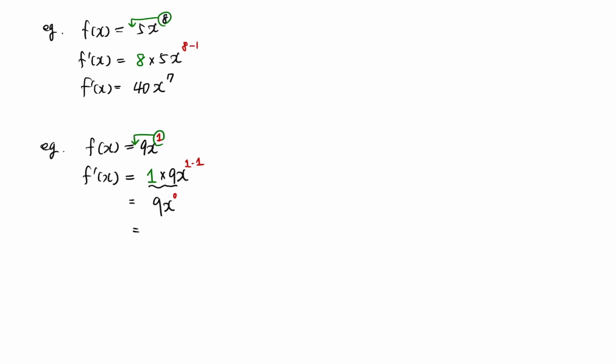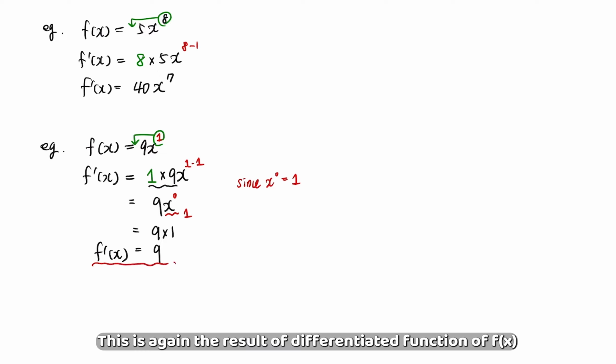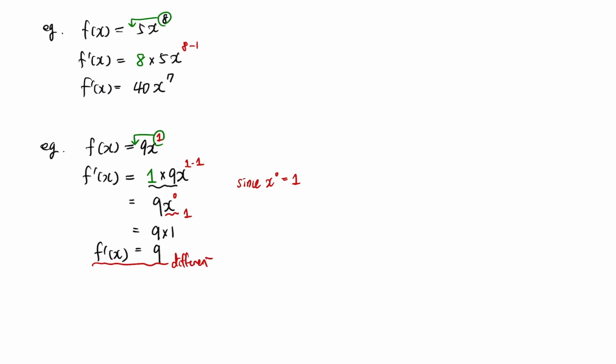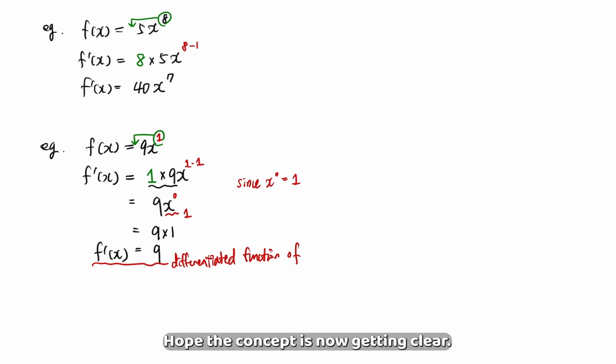Since x to the power 0 is equal to 1, then the result is now 9. This is again the result of differentiated function of f(x). Hope the concept is now getting clear.